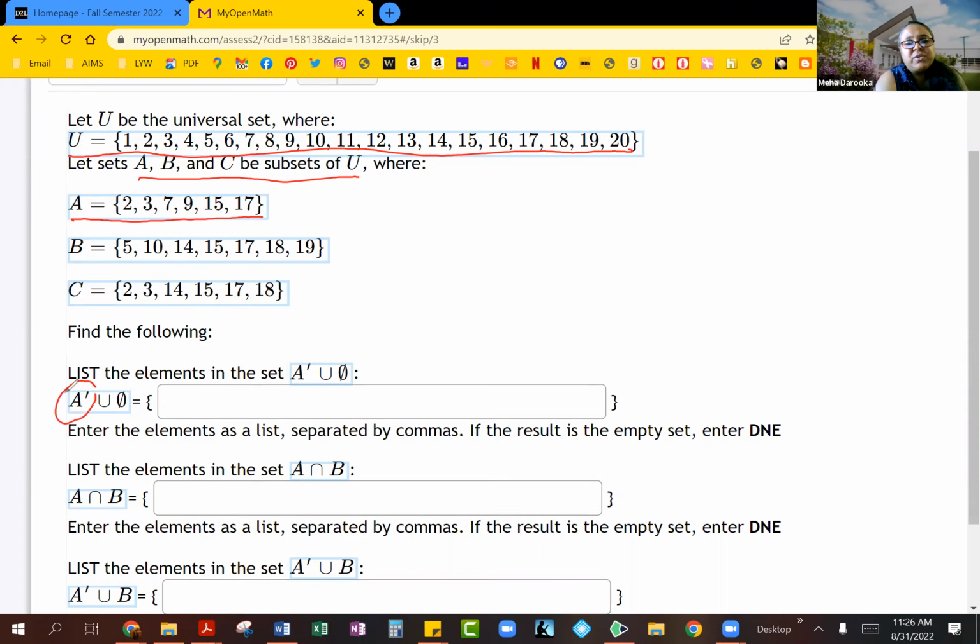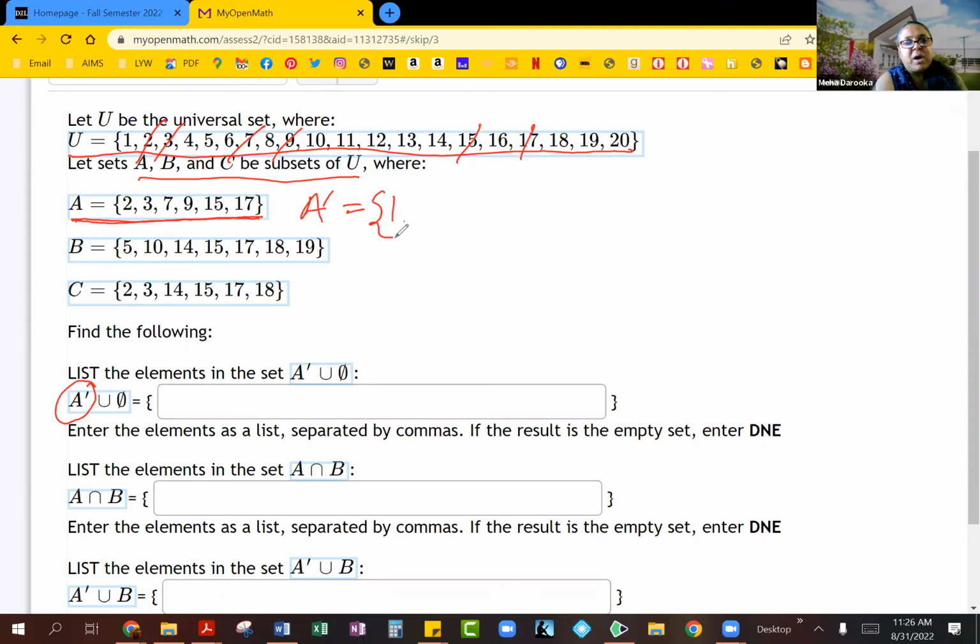So anytime you are doing your complement, basically look at set A and then whatever is in set A does not go into A complement, because remember we were talking about how this is sort of like the negation that we were talking about in the logic section. So everything else except 2, 3, 7, 9, 15, and 17, except all of those that are in set A, the remaining of those numbers are going to be in your A complement.